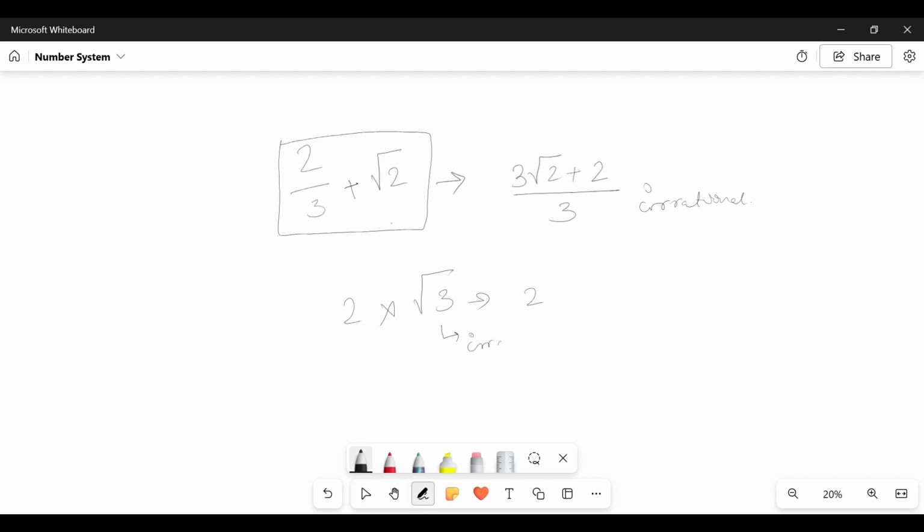So this is an irrational number, this is something which is rational. Now when we multiply these two, the product in itself is again irrational. So an irrational number, when multiplied by a rational number, would mean that the product is irrational.